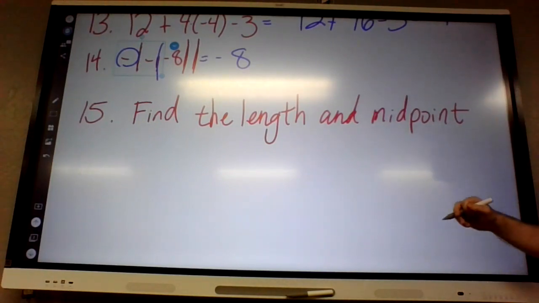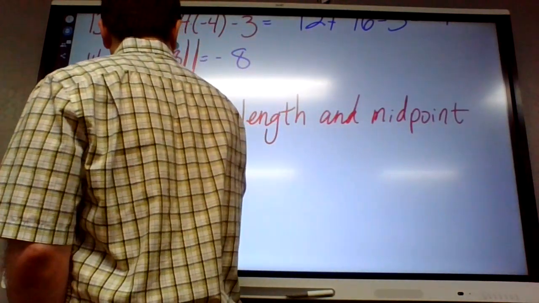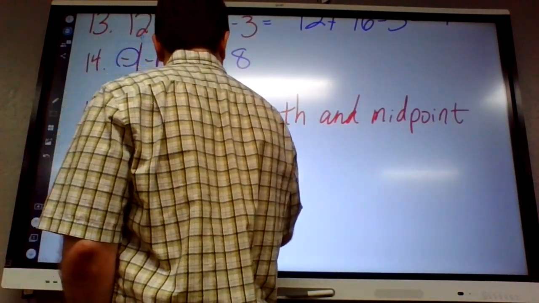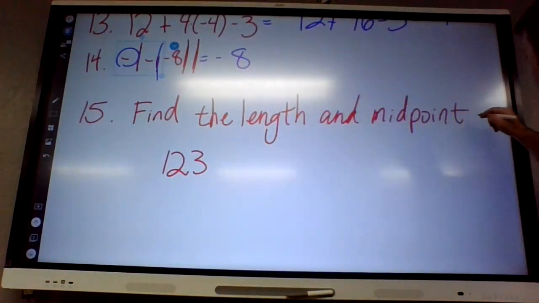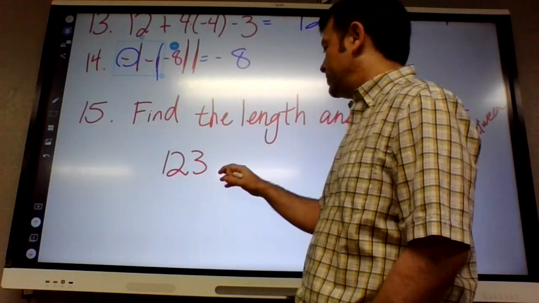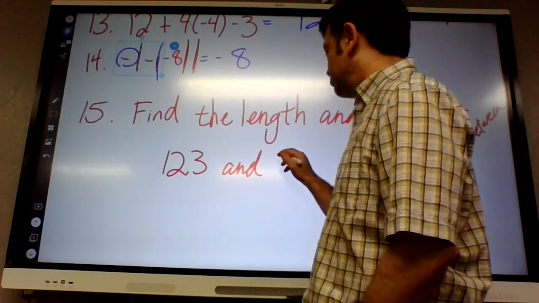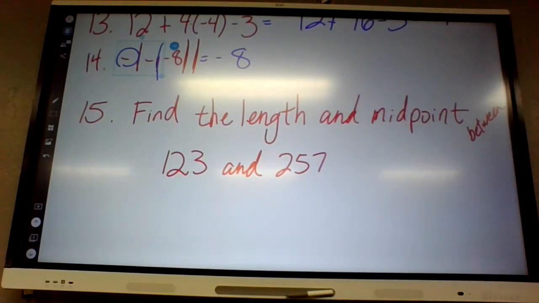Find the length and midpoint. Let's say between 123 and, I don't know, 257. I didn't put a negative on here.